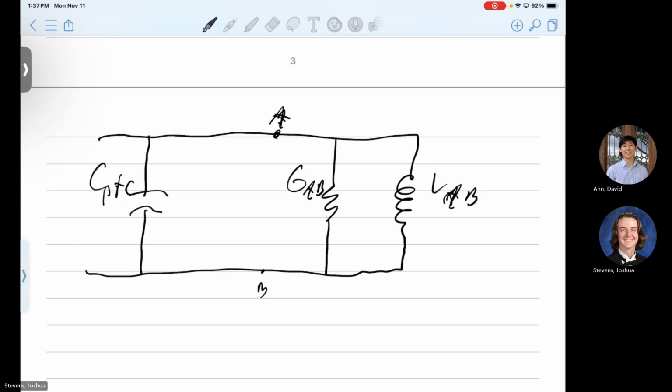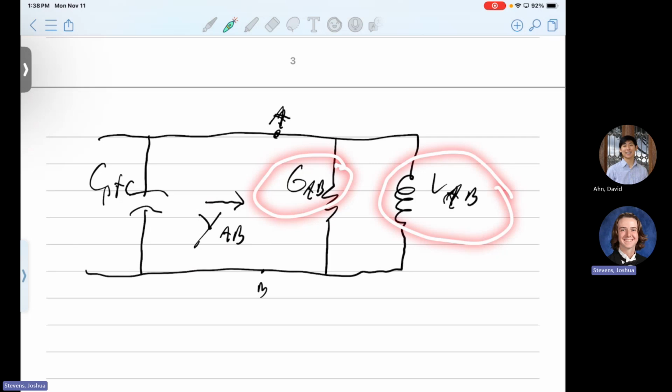Then we have that admittance of AB, and that's at the terminal AB. At the terminal AB, we have the Y_AB, but if you separate that out, you have the conductance, and then you have the inductance, because we had the negative susceptance.